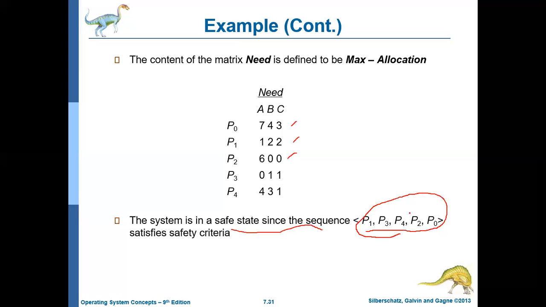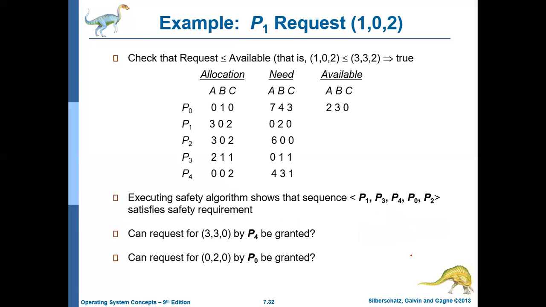So currently the system is in a safe state. Remember the definition of safe state: the system is in a safe state if there exists a safe sequence such that the resource request of each process Pi can be satisfied from the available resources plus the resources currently held by Pj, where j is less than i.